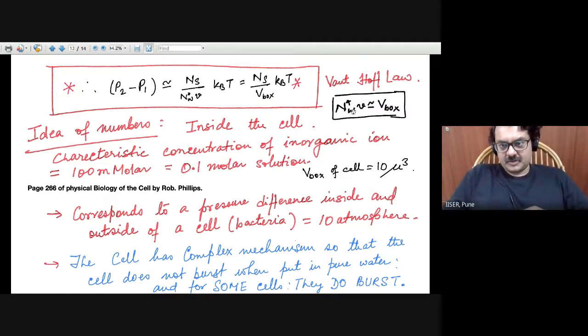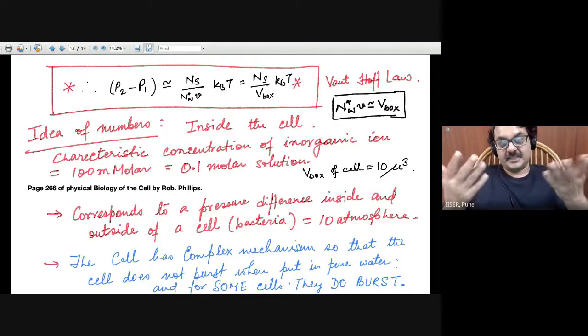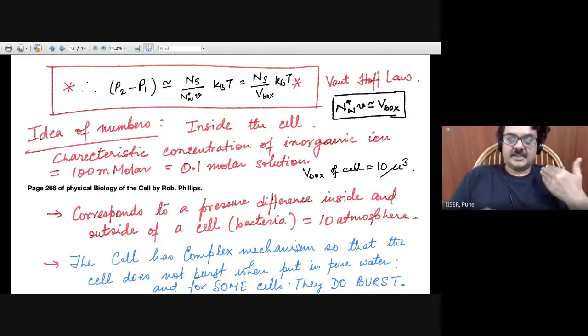So the approximation used is N star V equal to V box. This was a bit of algebraic manipulation, but at the end of it we see that the pressure difference will increase as the number of solute particles increases. More interestingly, it will increase even with the same number of solute particles if you increase kBT, I mean the temperature. This shows that it's an entropic effect.